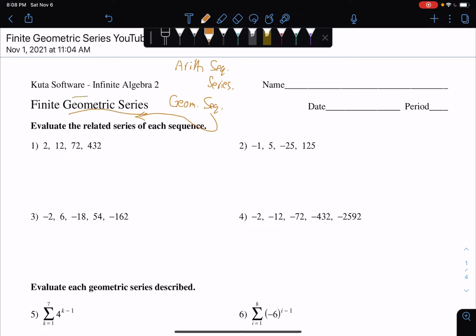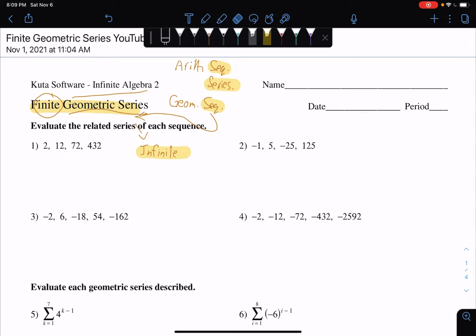In general, we have two specific lessons for geometric series. We have finite, and the other, which is going to be in the next video, will be about infinite. So please take note that there are various formulas for arithmetic sequence, arithmetic series, geometric sequence, finite geometric series and infinite geometric series.